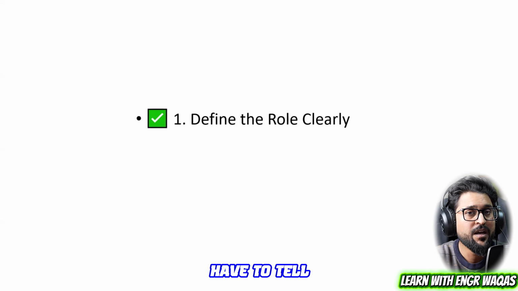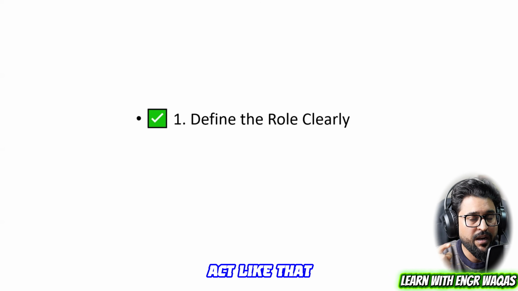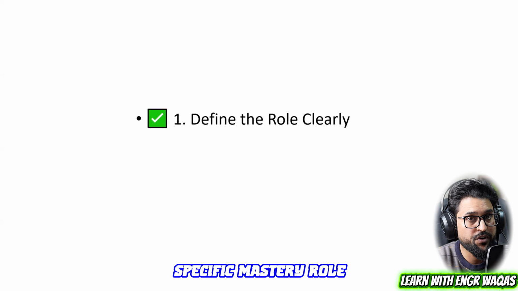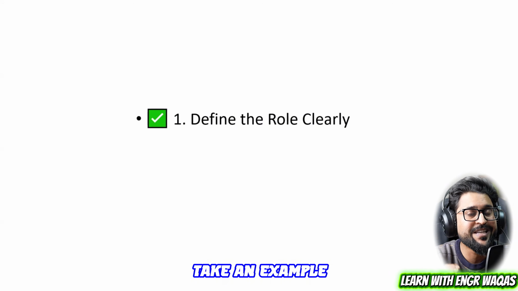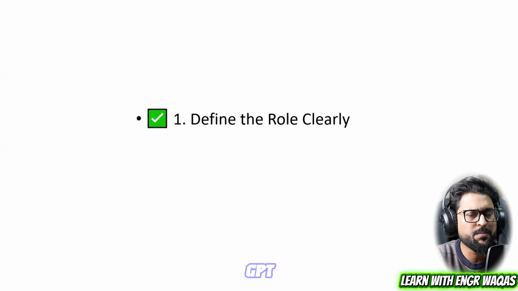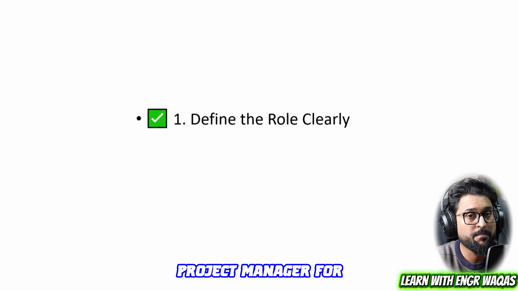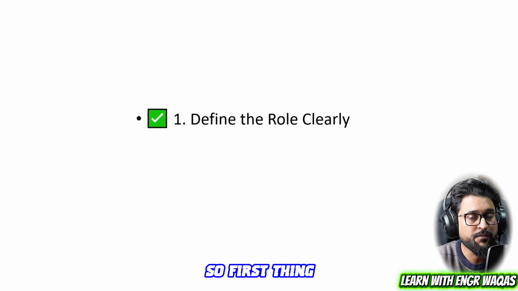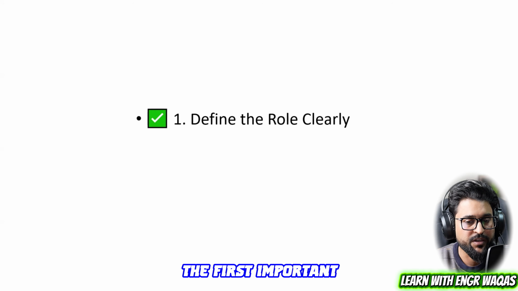I have to tell ChatGPT to act in that specific mastery role. For example, in this video I'm going to take a pipeline construction project, so I have to ask ChatGPT to act like a project manager for pipeline projects. So the first thing, we have to be very sure about the role we want ChatGPT to act in for this prompt. That is the first important thing.